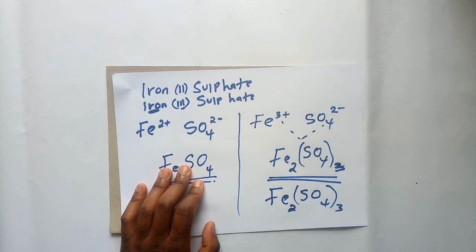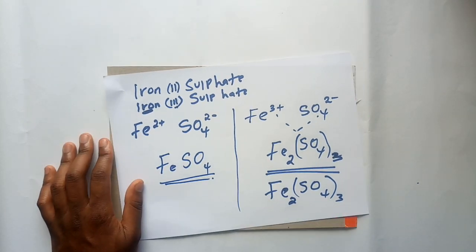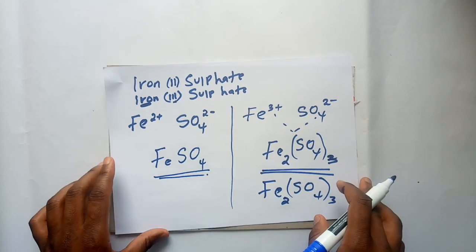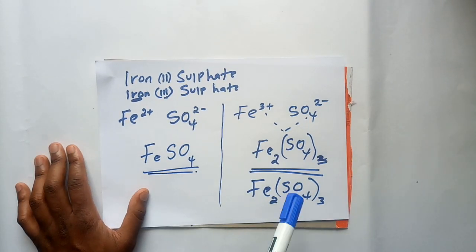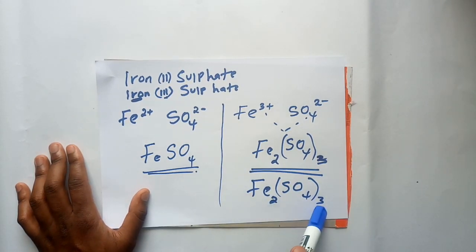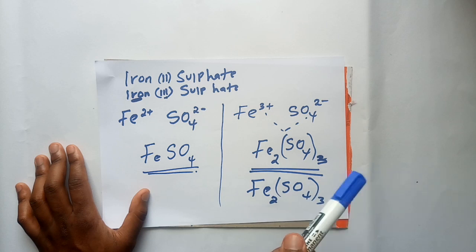Most students start by naming from the formula, and that is why they get confused. If you start naming from the formula, you'll get it all wrong.